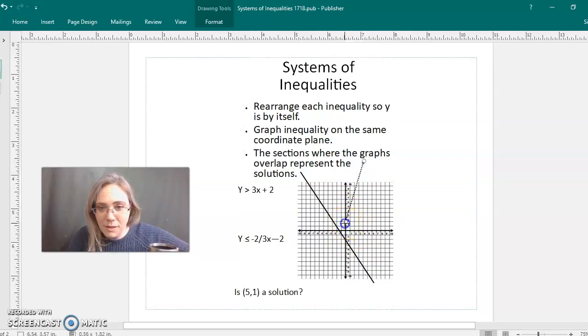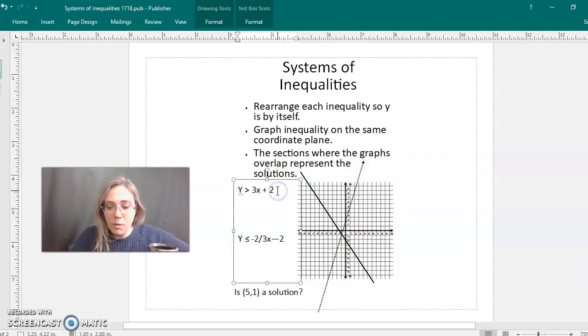So now we have to decide which side for each of these lines we would shade. So you know that I tend to be lazier than you guys, and I usually try and use 0, 0. So for this, this is the dash line, so I'm going to try and put in 0, 0. So every place I see y, I will type in 0, and every place I see x, I will type in 0.